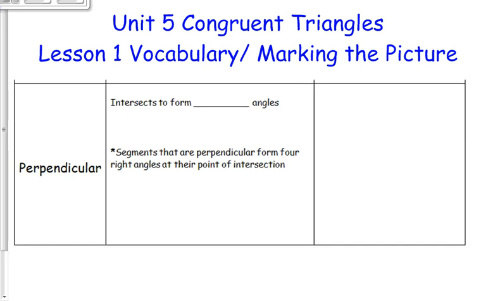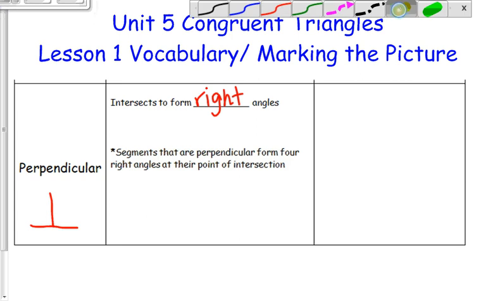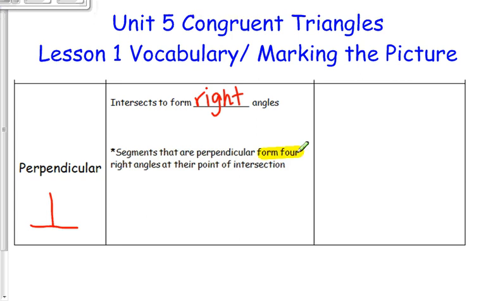Perpendicular. We've talked about this in class multiple times. Okay, perpendicular means you're intersecting to form that right angle. And please remember that the symbol for perpendicular is that upside down T. Okay, and segments that are perpendicular are going to form right angles at their intersection. Okay, they'll form that right angle at the intersection.